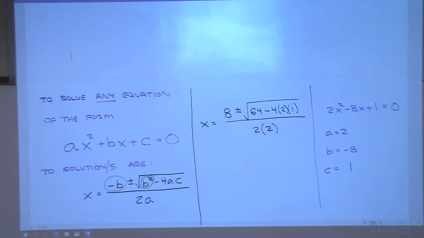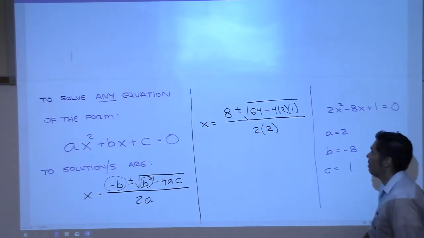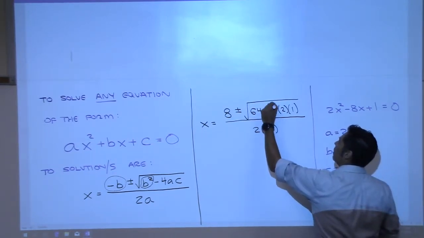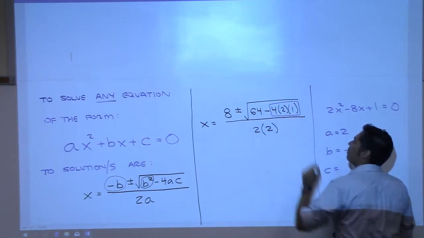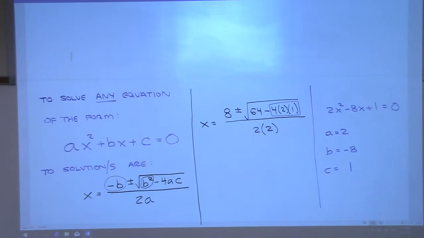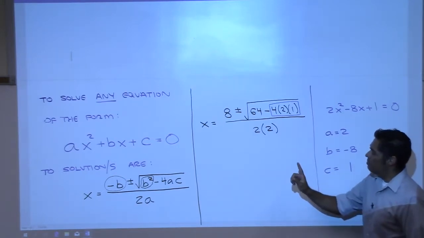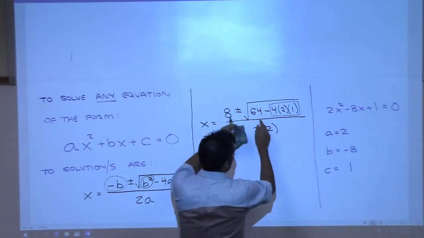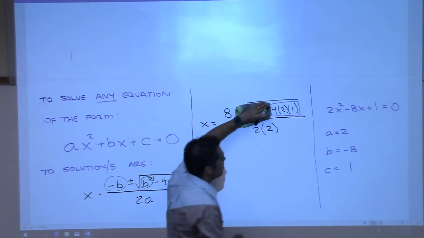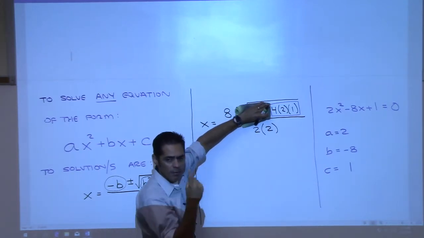All right, let's take care of this. This by far is the spot that people mess up the most, right here. They always seem to mess the signs up in this. So here's what I recommend you do. Just imagine that what I boxed there, right after the minus sign, just figure out what those three numbers multiplied together are. 4 times 2 times 1.